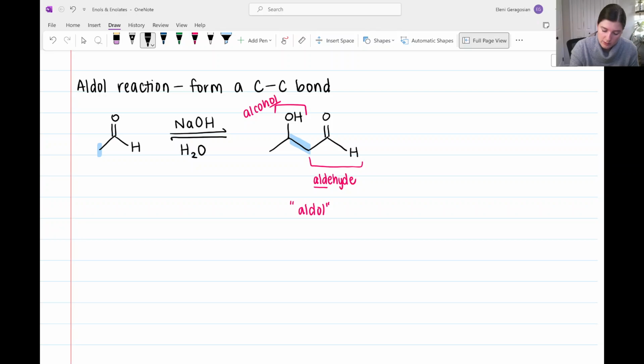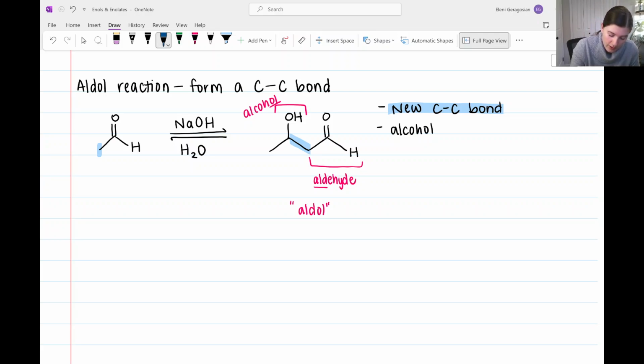So let's list what's going on here. We have a new carbon-to-carbon bond that is highlighted in the molecule in this blue color. We have an alcohol group, and this alcohol is on the beta carbon.